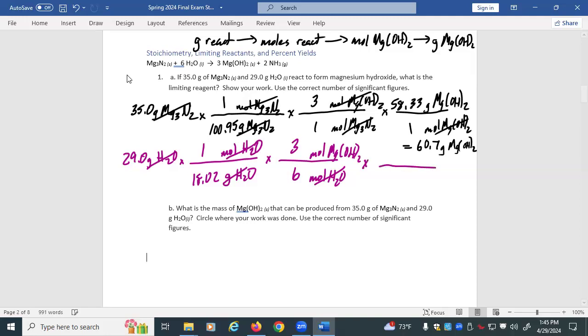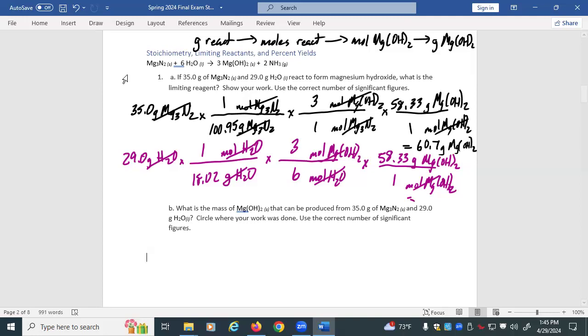And then the last step is exactly the same. I need to turn moles of magnesium hydroxide into grams. Since we already calculated that molar mass, 58.33, we can reuse it here.